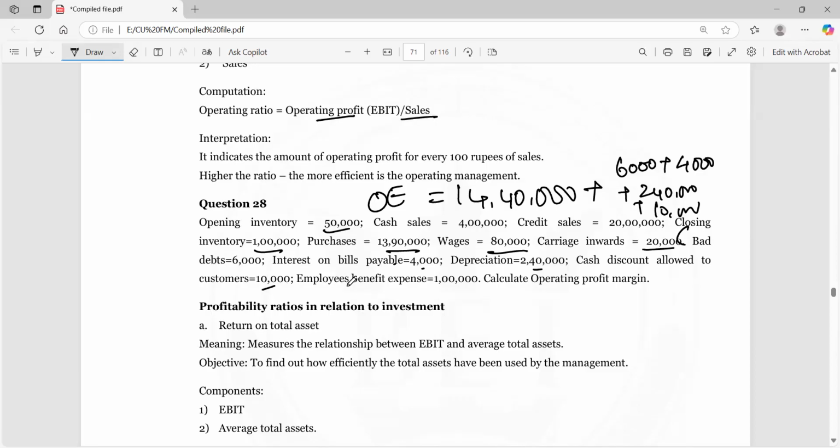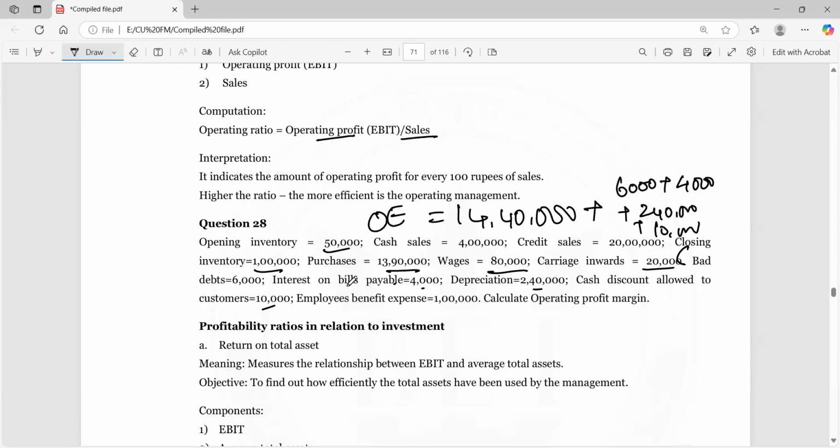Oh, okay. Interest on bills payable they have given. Fine, but however, interest is a tax deductible expense. It is subtracted to calculate EBIT, right? No, we are calculating operating profit. Correct.